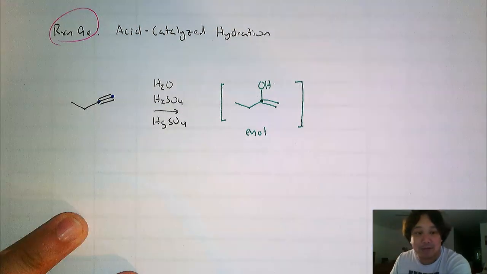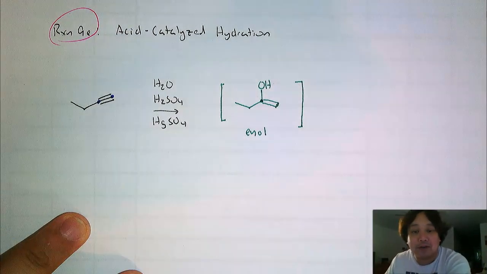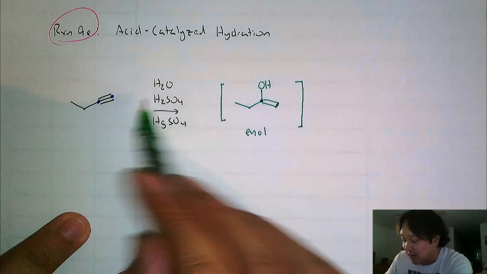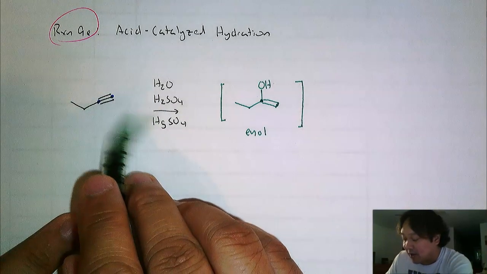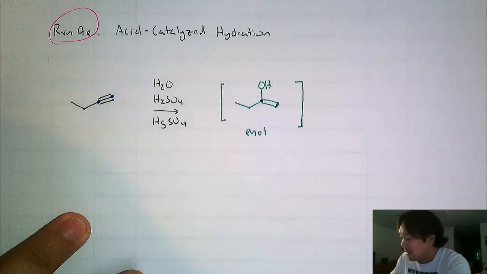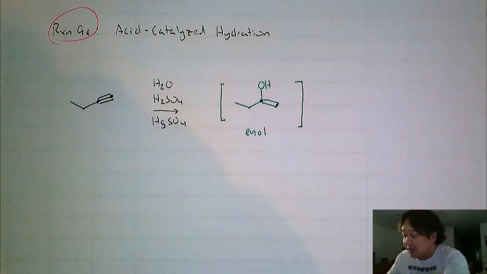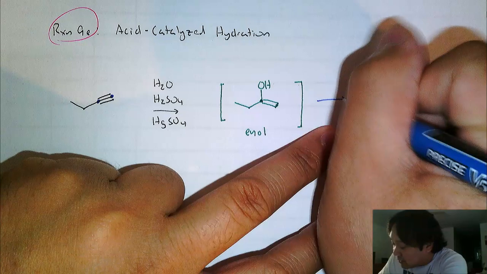It's not the final product. Your 2 dots are still there. We still followed Markovnikov's rule. The hydrogen went on this carbon, so we went from 1 hydrogen now to 2, and the OH goes on the other carbon. But because of what we discussed, the keto-enol, or the enol-keto tautomerization, we know that this is not your final product.